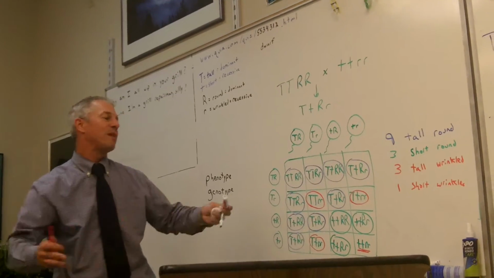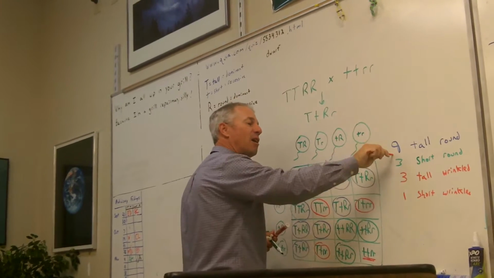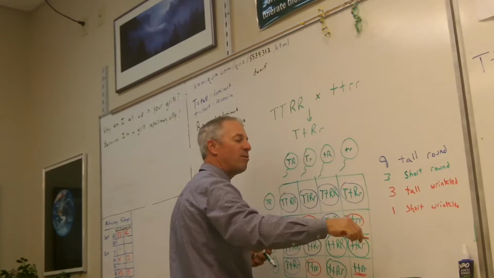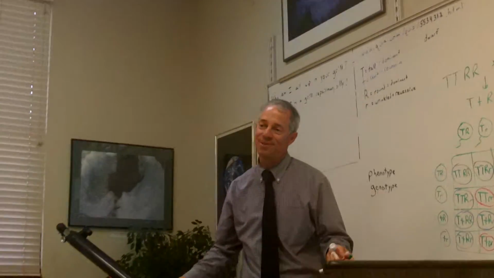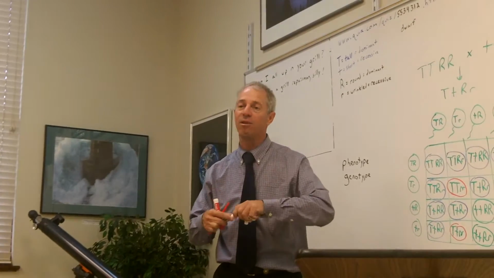If you grew 1,600 plants, you would have 900 tall round, 300 short round, 300 tall wrinkled, 100 short wrinkled. And that's what he got. Isn't that cool? That's called a dihybrid cross.